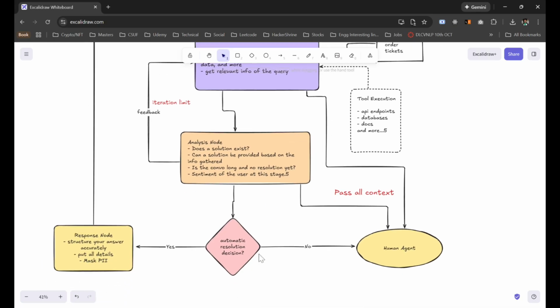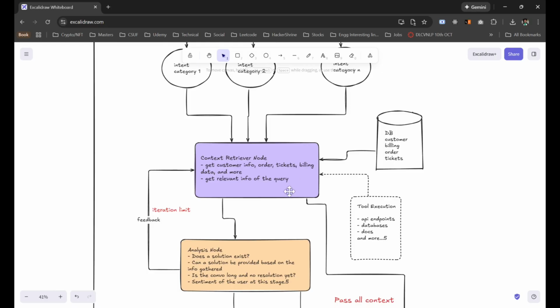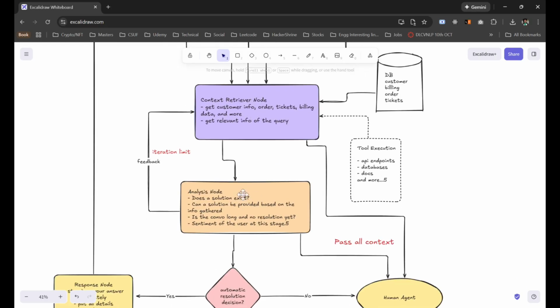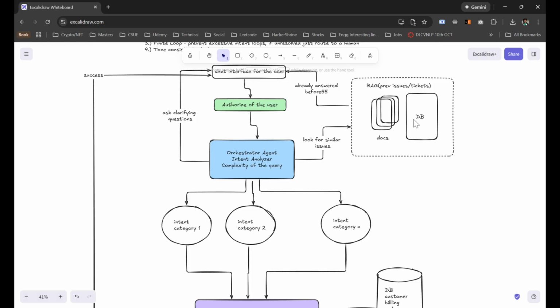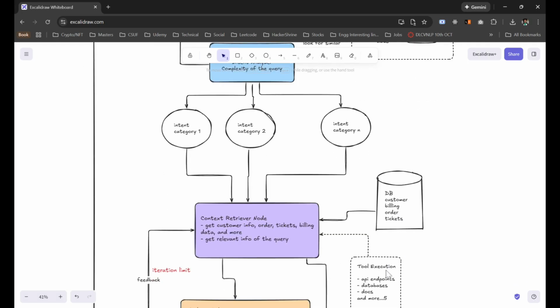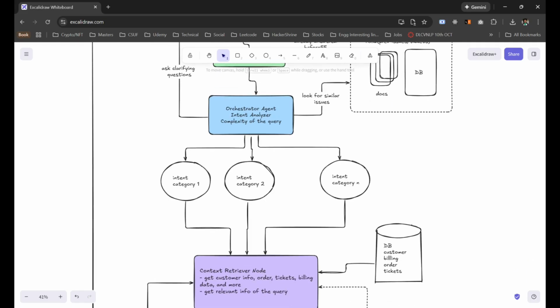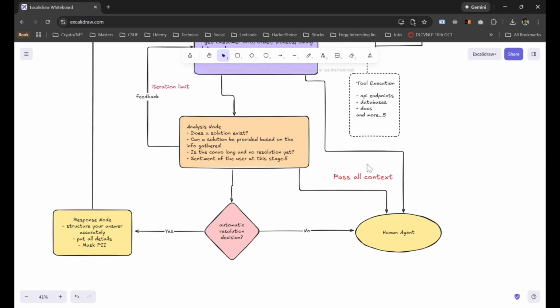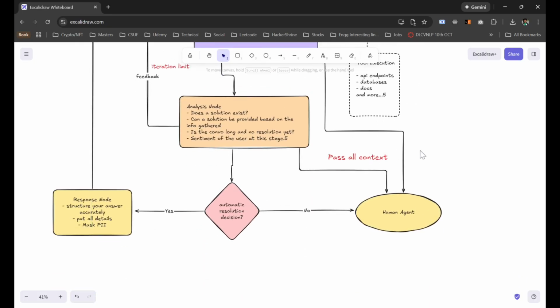So this would be the entire cycle, a simple design, which you can come up with multiple nodes. So you have nodes over here, 1 2 3 4, you have 4 nodes. Then you have the database tool execution again, along with these, where you're doing RAG. And we need to understand there are multiple things that you can do out of this, like passing the context is another field where a lot of problems and challenges come across.